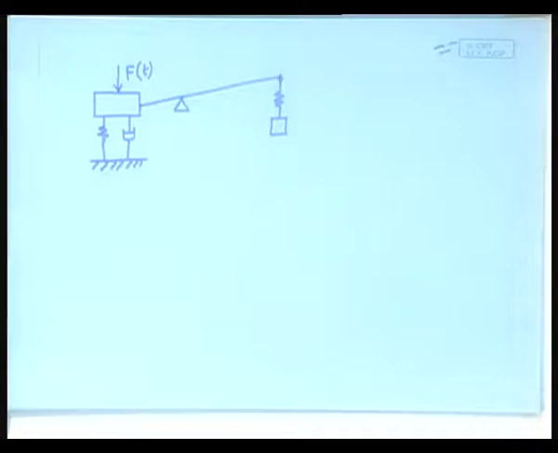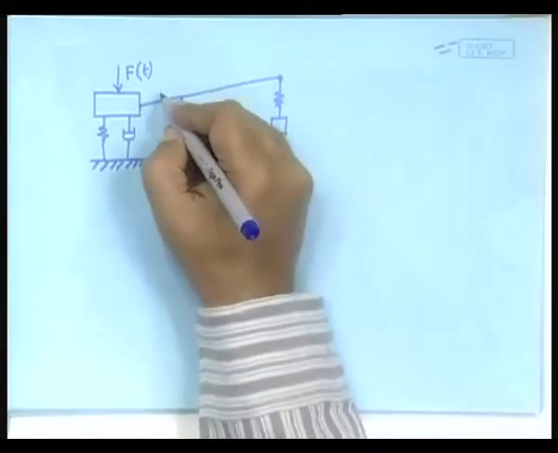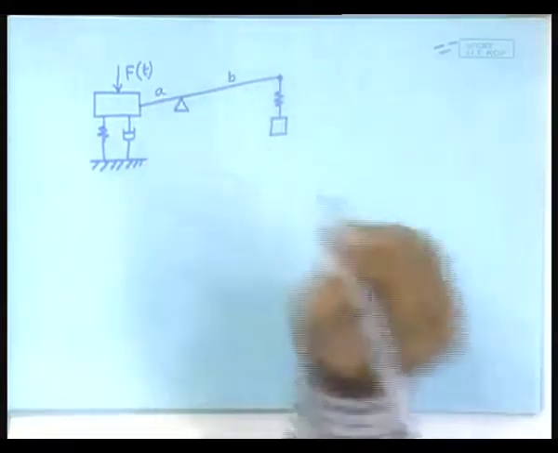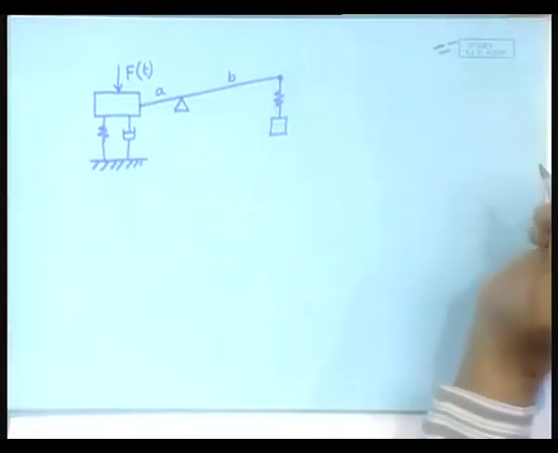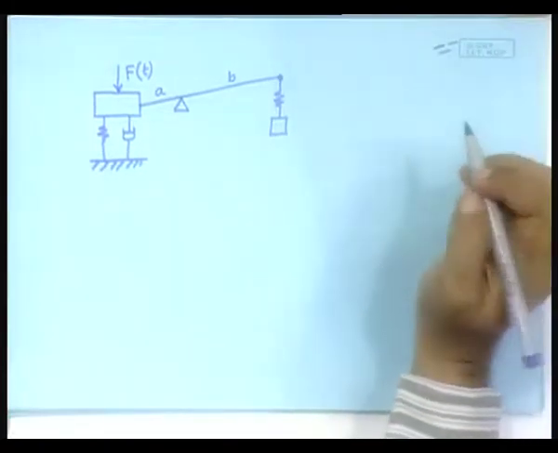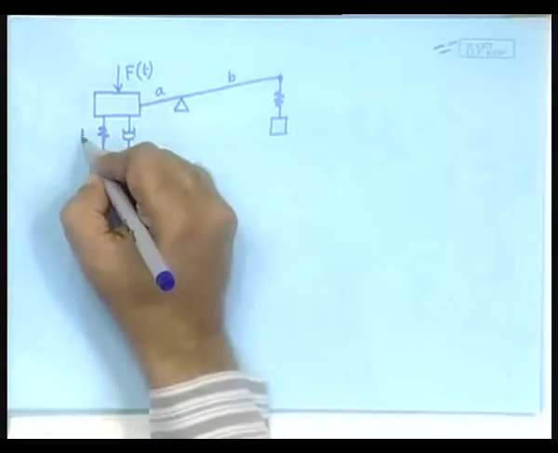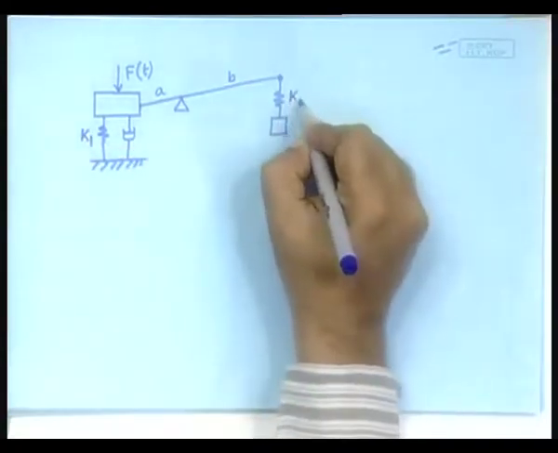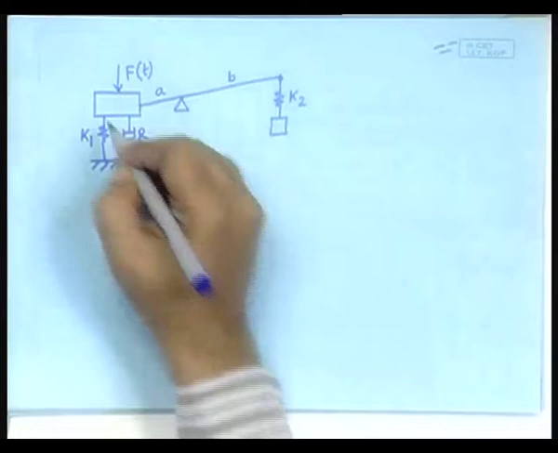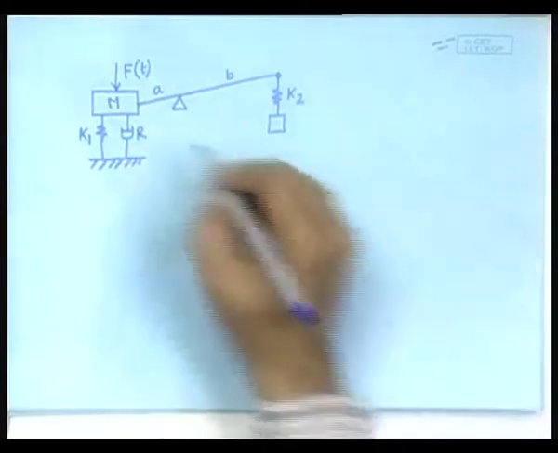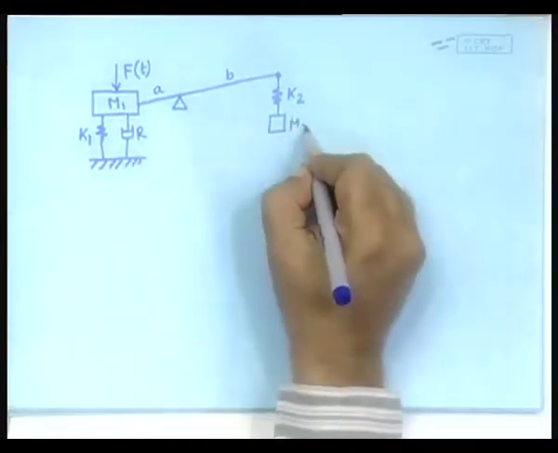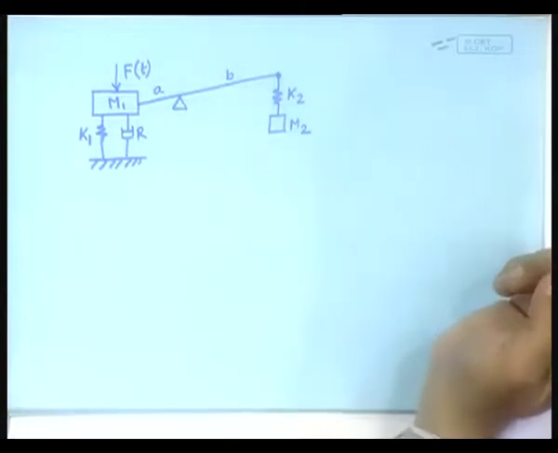And say the ratio is A by B. So, if that is the system description, we can say this is K1, this is K2, this is R, this is M, and so on and so forth, M1, M2. I suppose we have given everything.